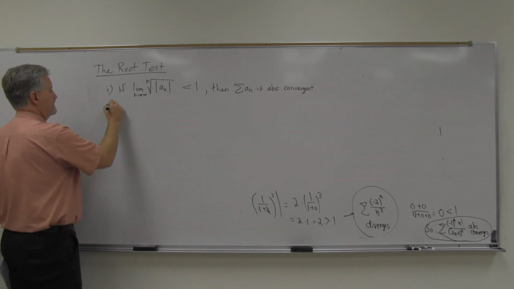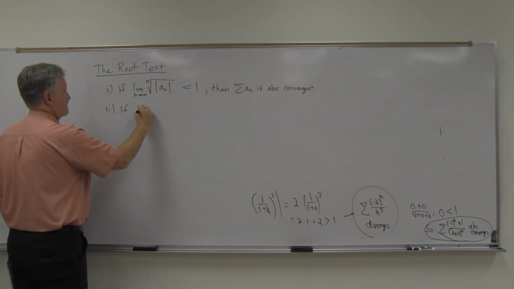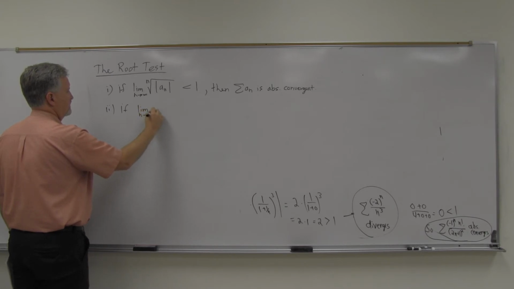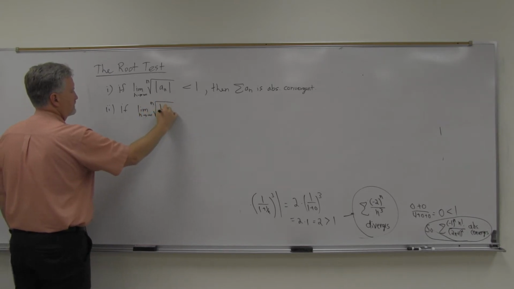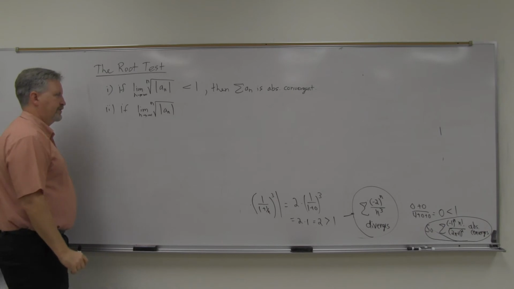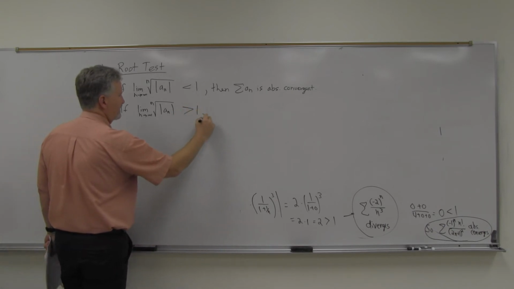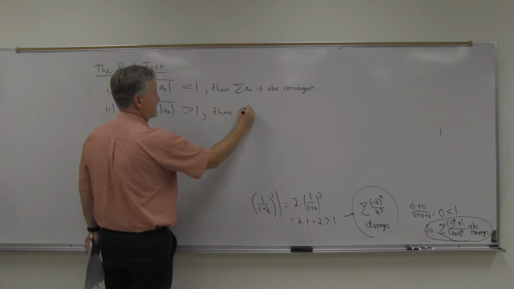Number 2: if that same limit, n goes to infinity of the nth root of the absolute value of a sub n, is greater than 1, guess what? Then the series diverges.